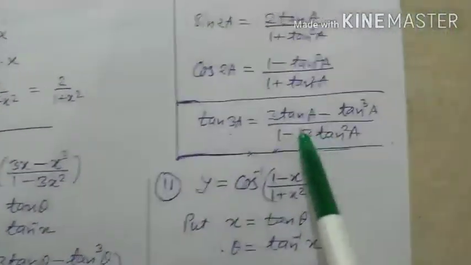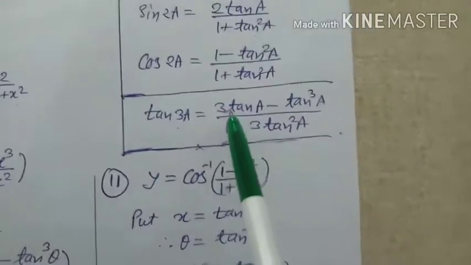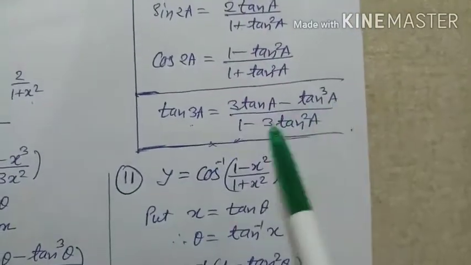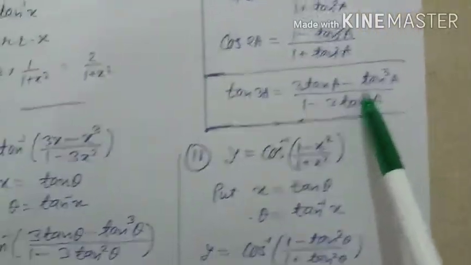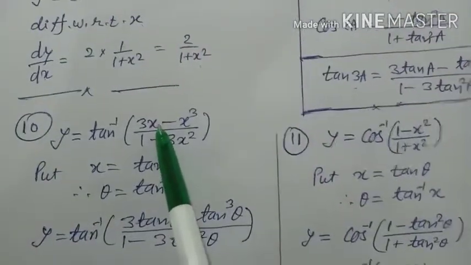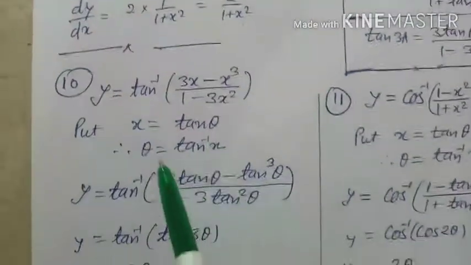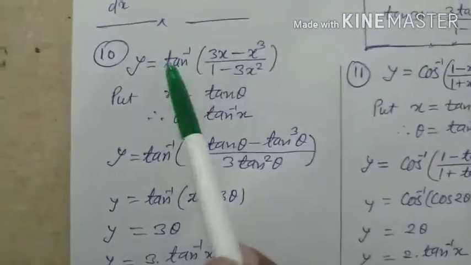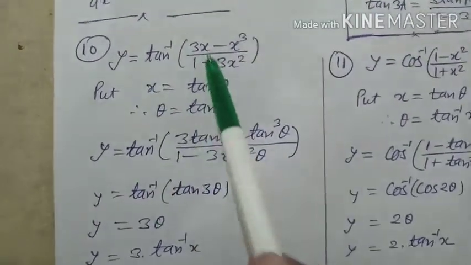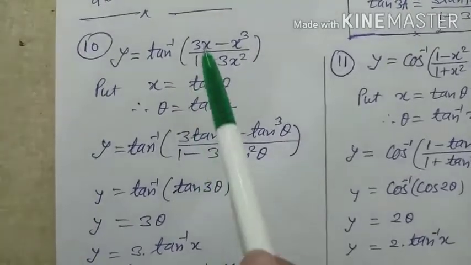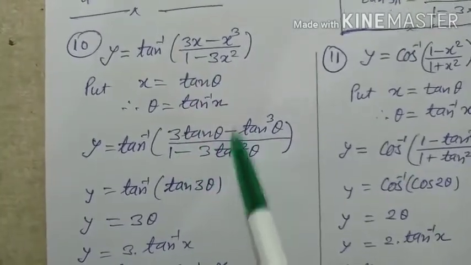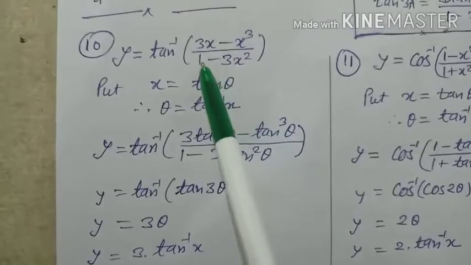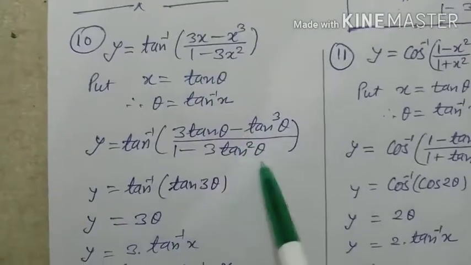So let's focus on the formula of tan 3a, which is 3 tan a minus tan cube a upon 1 minus 3 tan square a. Once again, in place of x write tan theta, so theta is equal to tan inverse x. Now y is equal to tan inverse of 3 tan theta minus tan cube theta upon 1 minus 3 tan square theta.